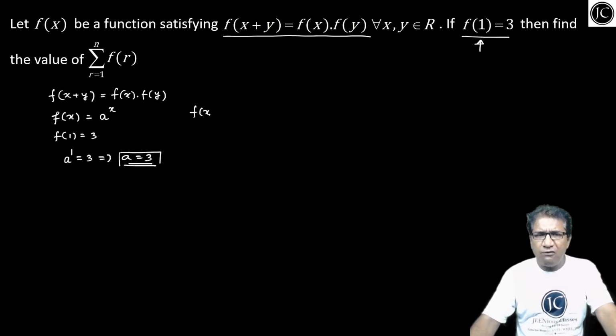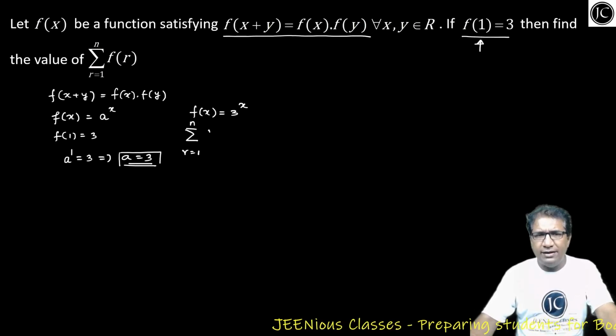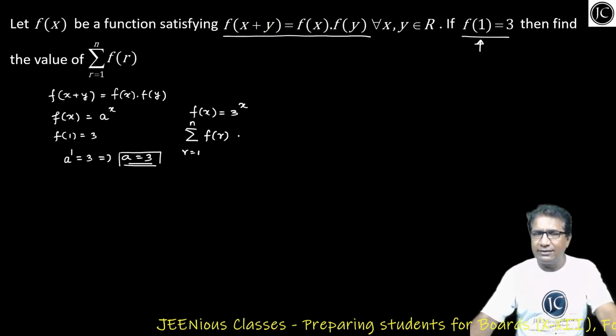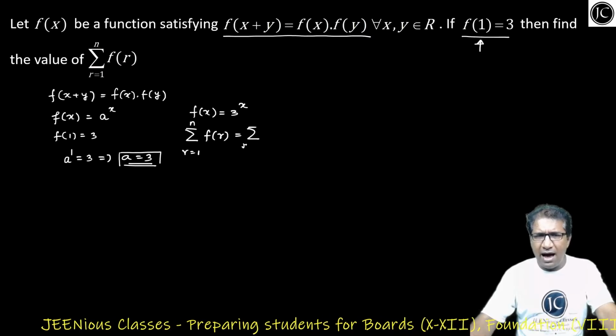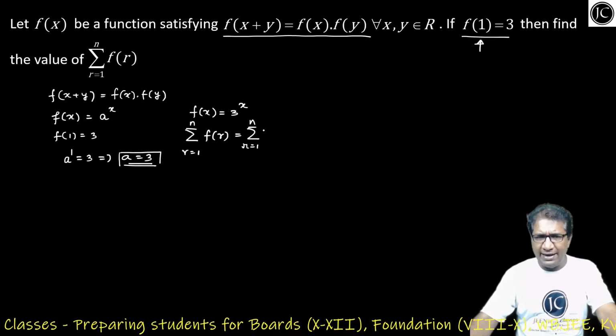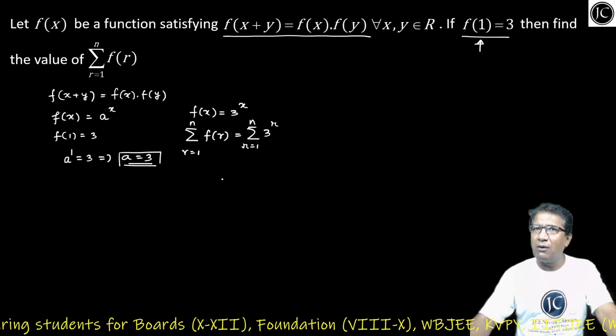Therefore my f(x) is basically 3 to the power x. Right? Now I have to find the sum from r equals 1 to n. What is my f(r)? That is the sum from r equals 1 to n of 3 to the power r.